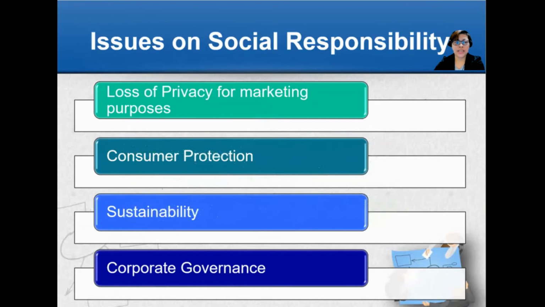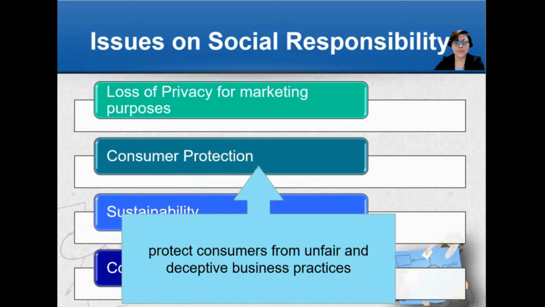Then next one is consumer protection. So for consumer protection, this often occurs in the form of laws passed to protect consumers from unfair and deceptive business practices. So major areas of concern include deceptive advertising, disclosure, financial practices, what else?